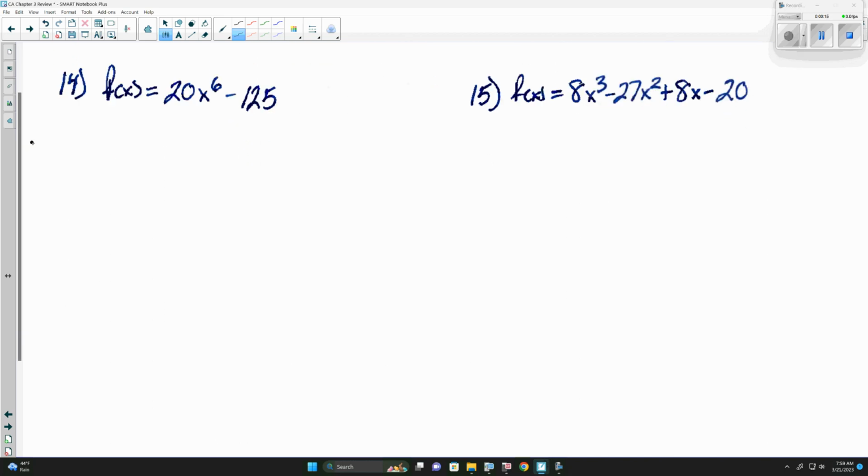Now to find the rational zeros, it's plus or minus p over q, where p is the factors of the constant term, and q is the factors of the leading coefficient.